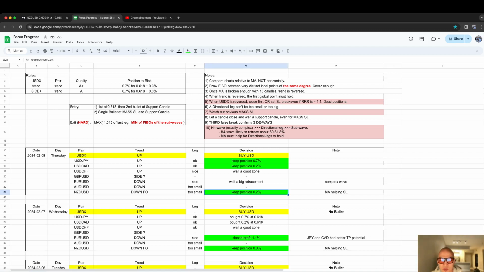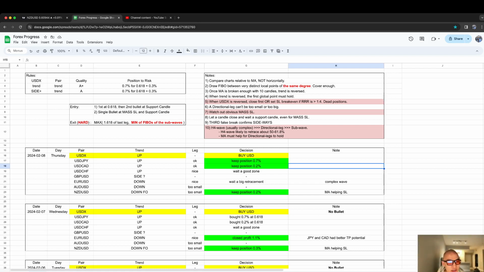So the moving average is helping the stop loss, and I updated it, and my current risk for the New Zealand dollar position is 0.2%. Looking at this spreadsheet, we can still see that USD is strong, and we have positioned ourselves correctly.